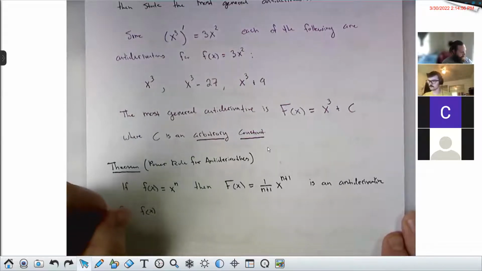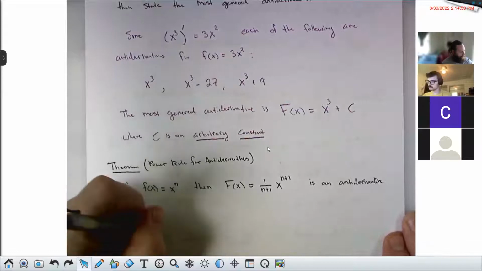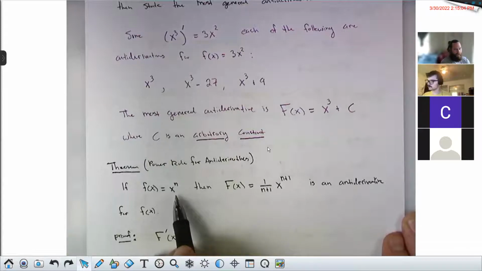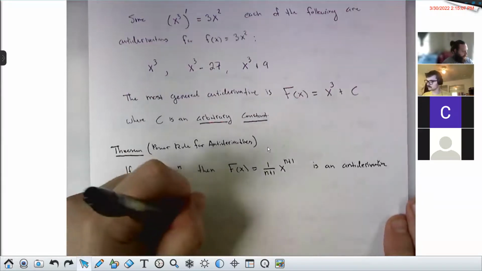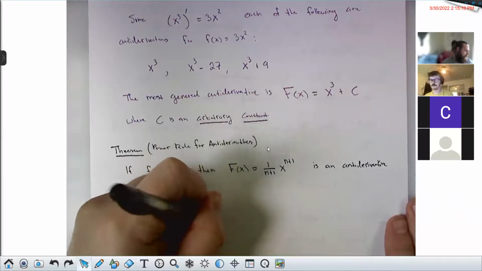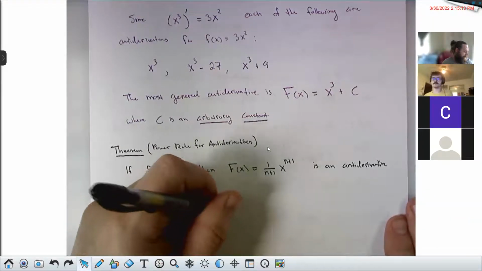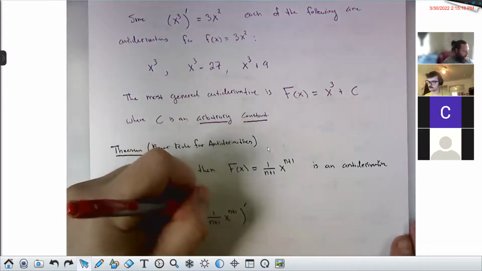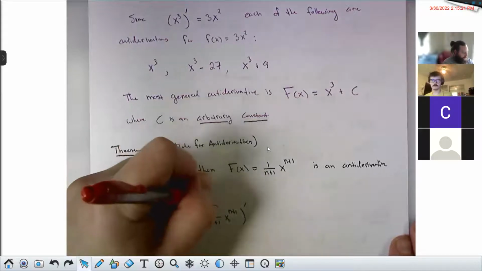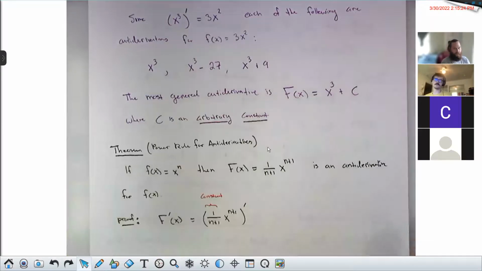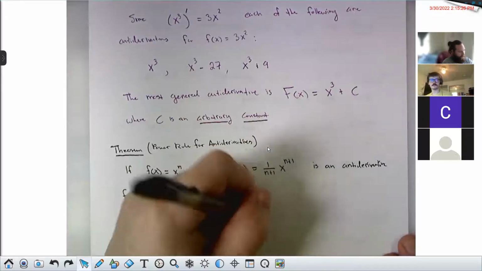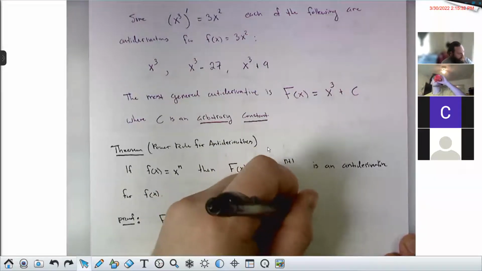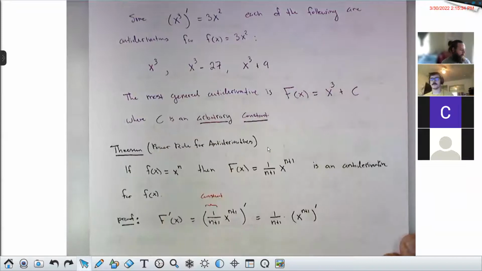And the proof of this is also nice and neat. If we look at the derivative of the thing I claim is an antiderivative, I should get this. So that would be the derivative of 1 over n plus 1 times x to the n plus 1. And this 1 over n plus 1 term is a constant, so it will just pop out. Then all that's left to do is to differentiate x to the n plus 1.